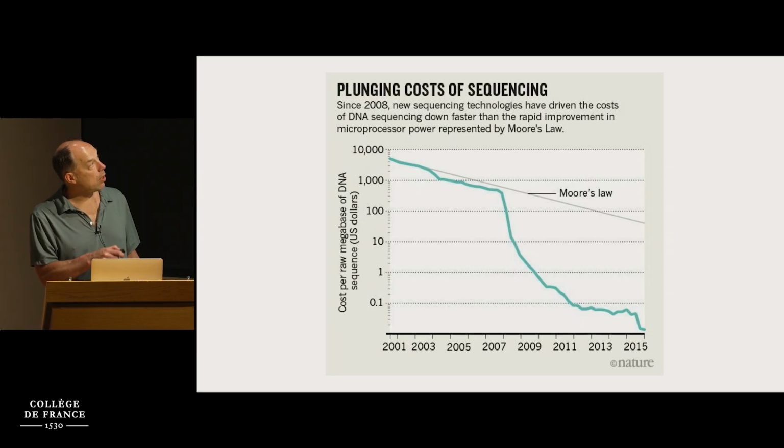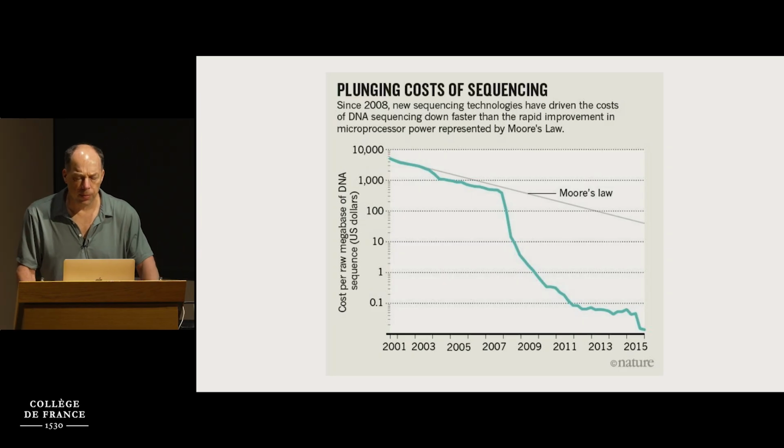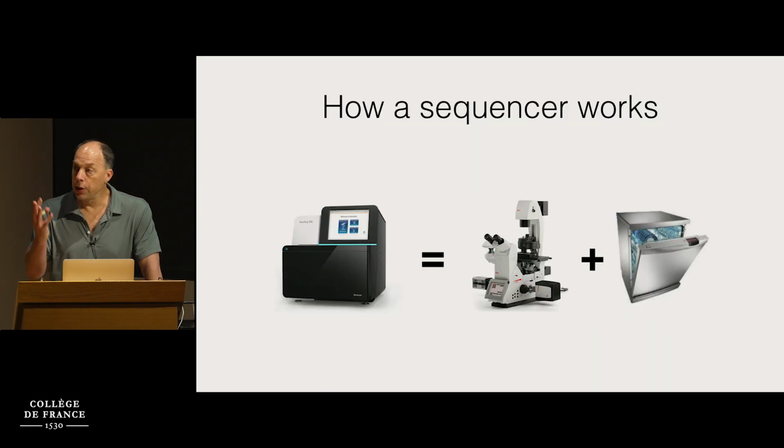This is the famous Moore's law from computers that shows how fast computing power grows with time. And DNA sequencing went even faster than that up to about 10 years ago. Then it slowed down a little bit. So that's been amazing, and that's been the driver of our ability to ask these questions, for example, in humans.